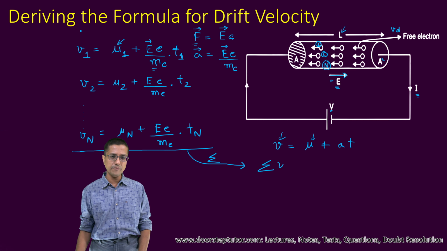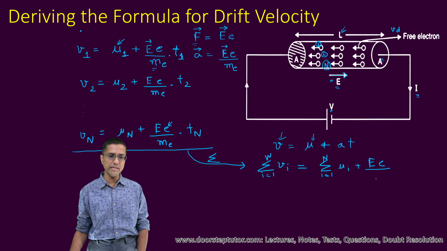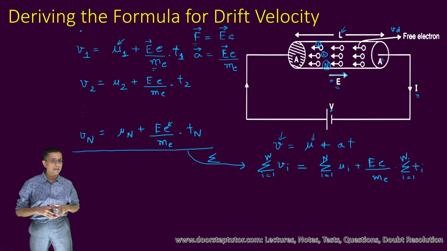So this would become the sum of vi, where i goes from 1 to n, is equal to the sum of ui, where i goes from 1 to n, plus, now this is constant, so it will come outside the summation, very simple, nothing complicated, eE by me times the summation of ti, again i goes from 1 to n. Now this is the addition of velocities.